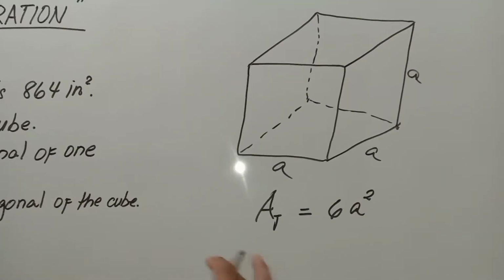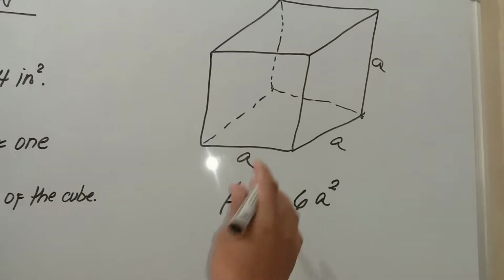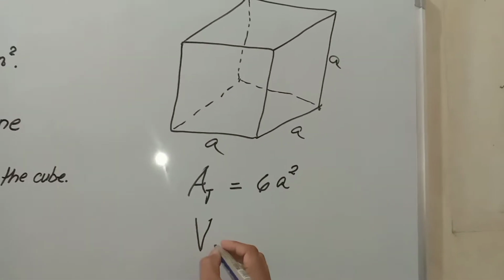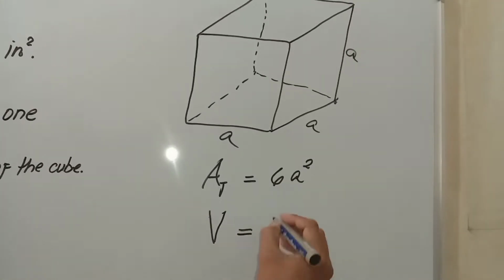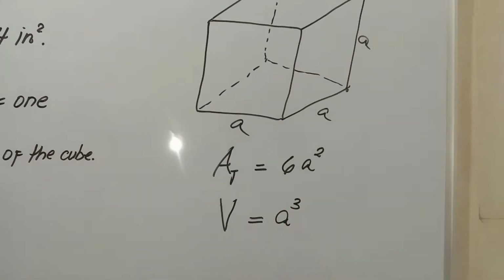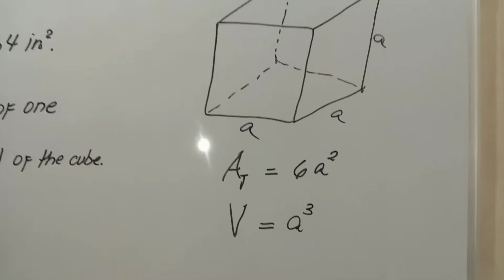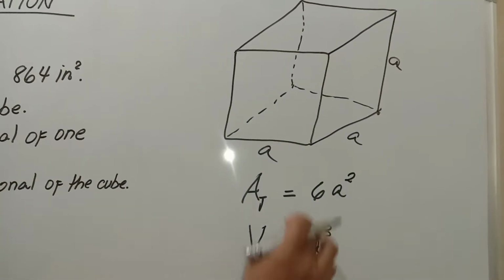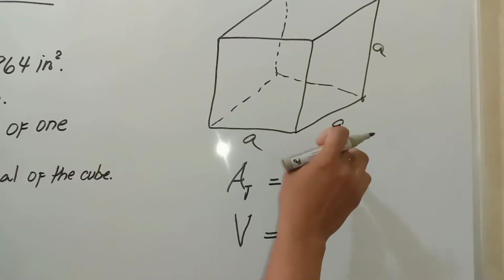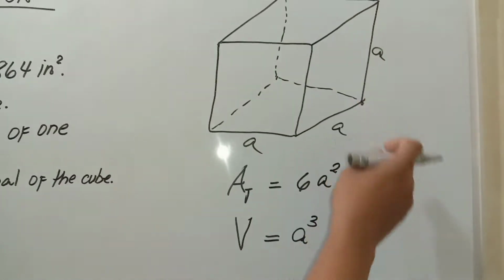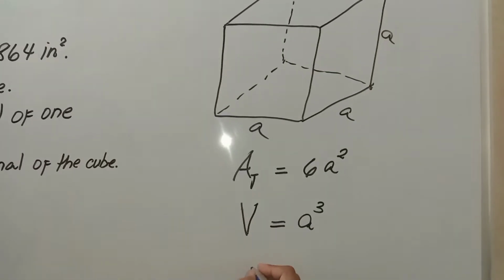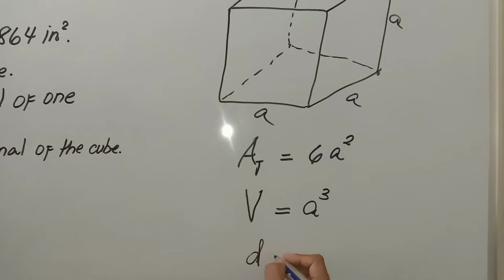Now, another one that we are going to discuss is the volume. Volume of a cube, okay, is equal to a cubed. So this is the formula for the volume of a cube. Any side, which is a to the power 3. And the third we need to find is the diagonal of a cube, okay?